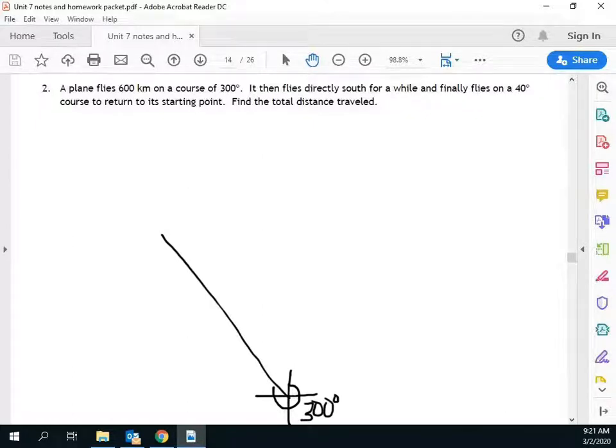All right, it's for 600 kilometers. Then it flies directly south for a while, and finally flies at a 40-degree course to return to its starting point.